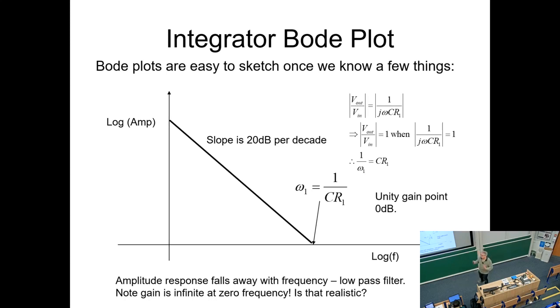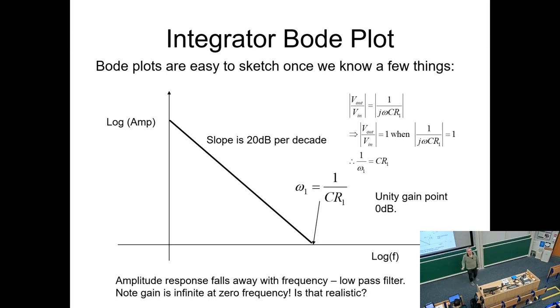First-order systems will always have a slope of 20 dBs per decade, so it's even easier to draw on log paper, or just sketch, if you like. And the only interesting point is, where do we position this line? We know its slope. Where do we position it on this axis? So we need a point. And the easiest one to work out is where does it cross this axis here?